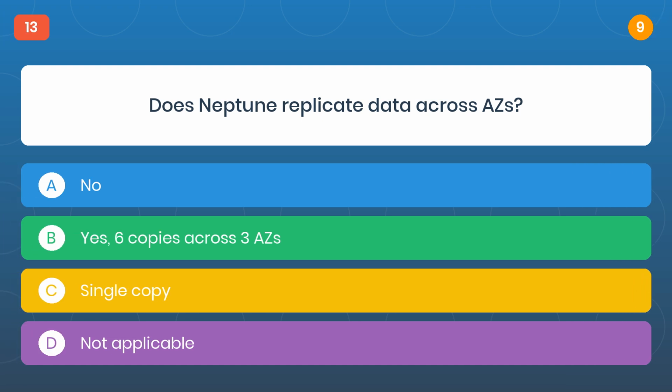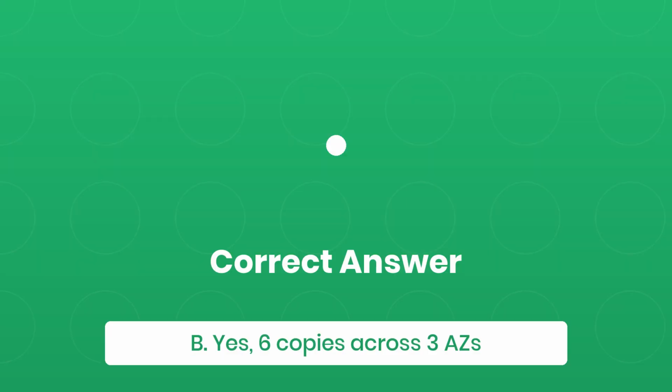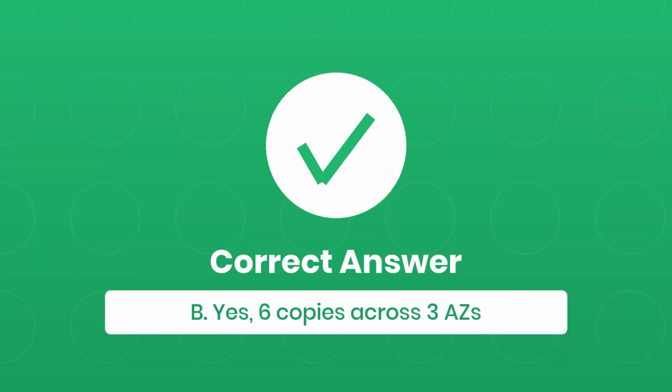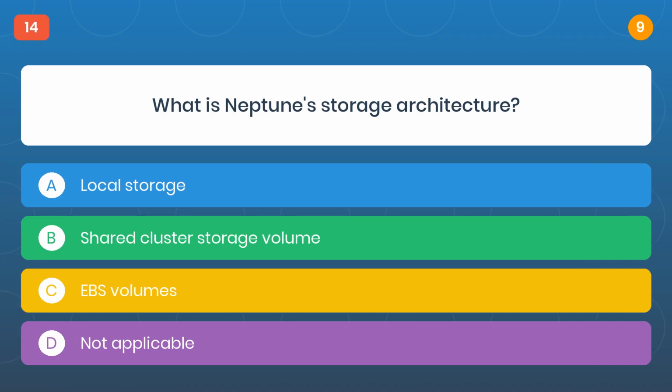Question 13. Does Neptune replicate data across AZs? The correct answer is B, yes, 6 copies across 3 AZs. Question 14. What is Neptune's storage architecture?